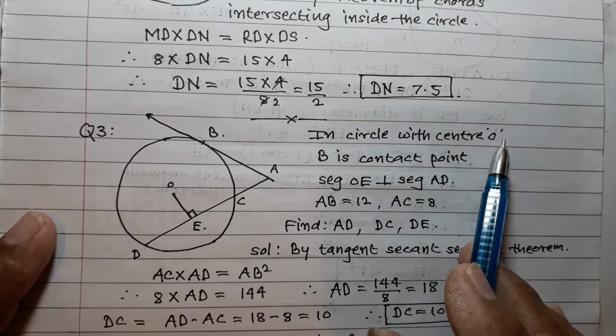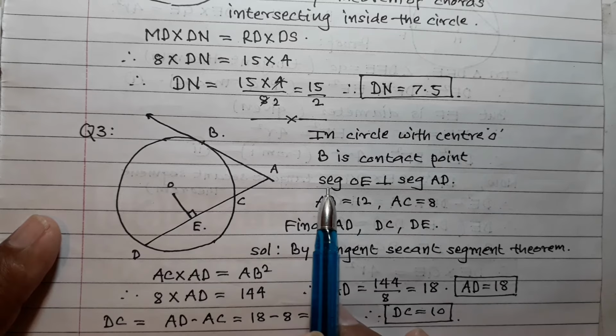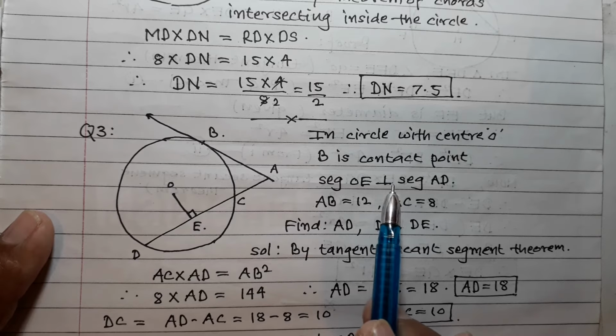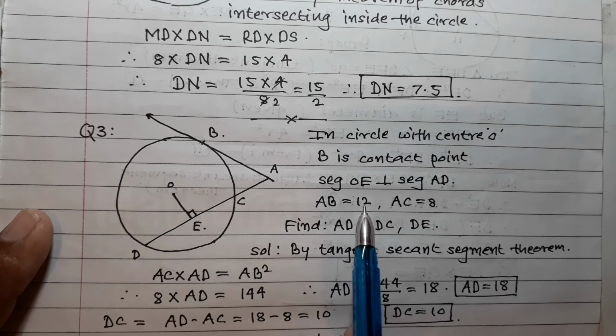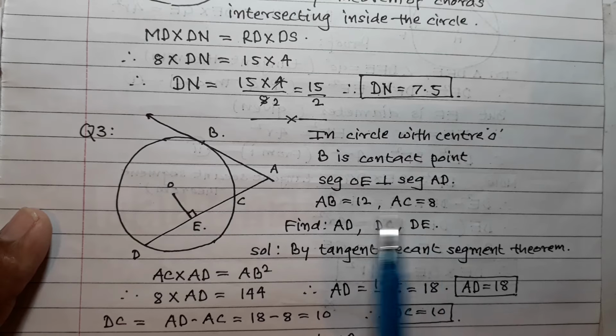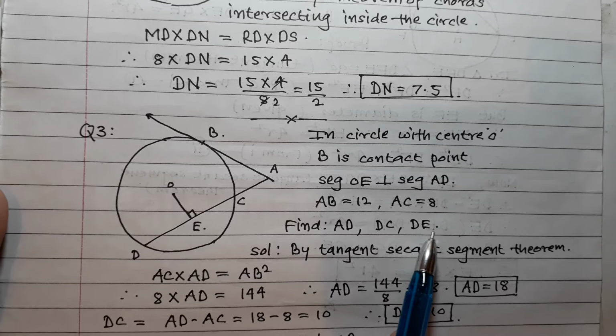Okay. Question number 3. In circle with center O, B is contact point, seg OE perpendicular seg AD, AB is equal to 12, AC is equal to 8, find AD, DC, DE.